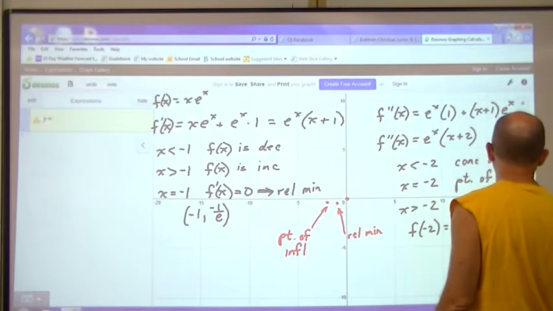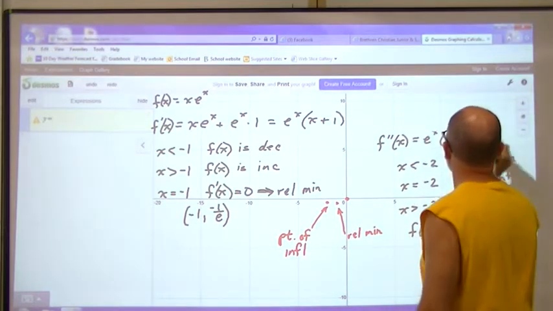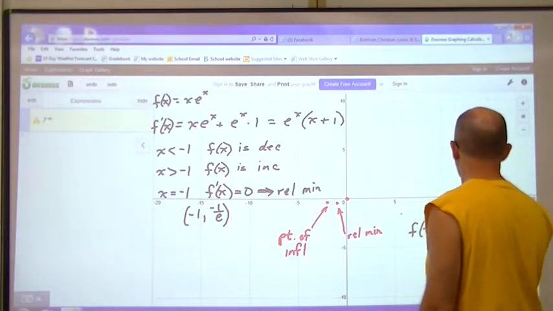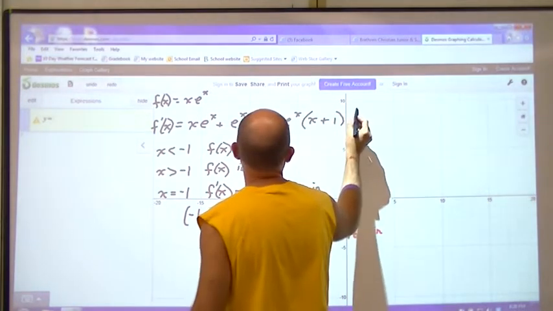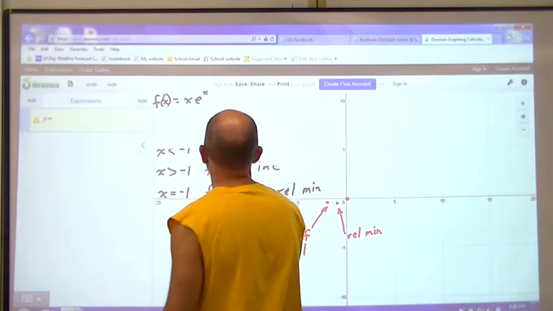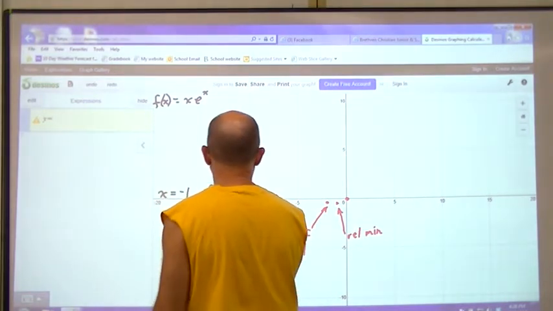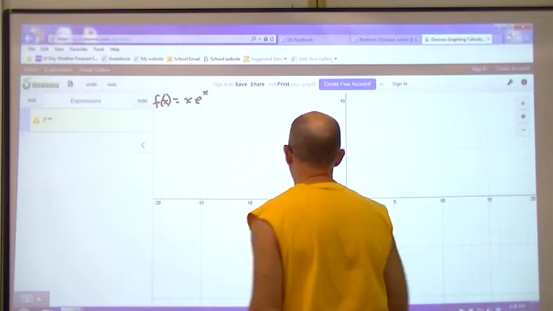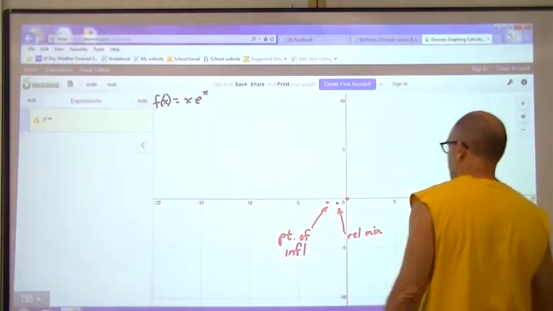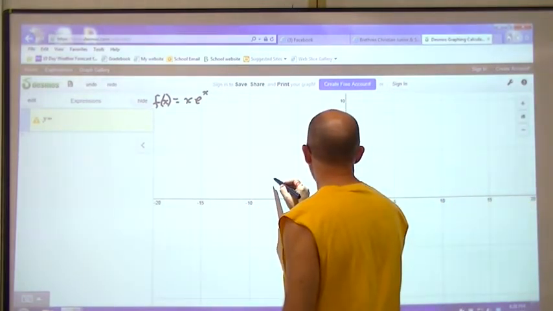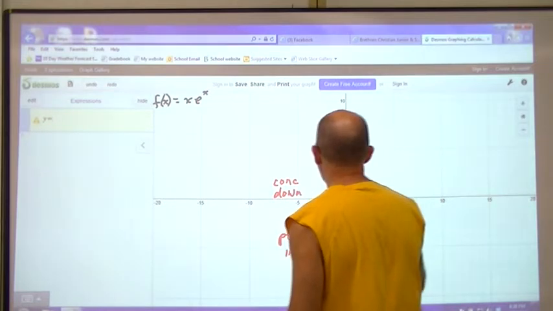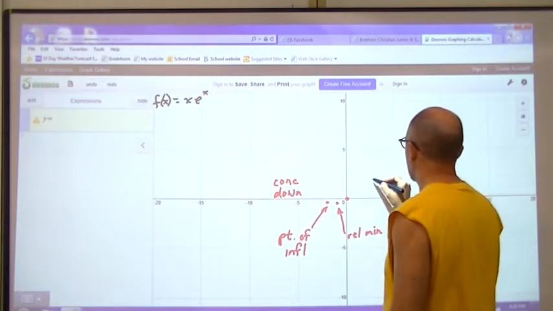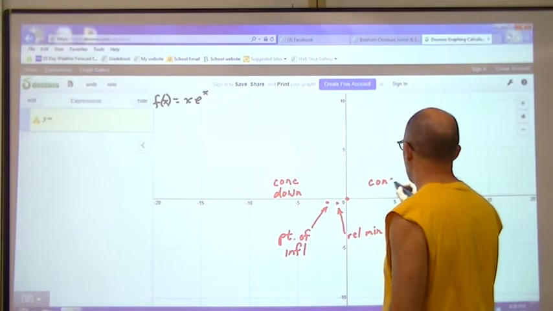So let's get rid of this stuff now. Okay, so we've got concave down here. And we've got concave up over here.